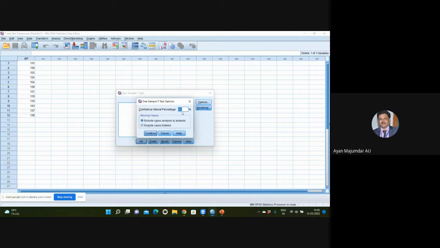Go to Options. By default, it is a 95% confidence interval. Our level of significance is 1%, so alpha is 0.01, meaning the confidence interval will be 99%. With 99% confidence, the null hypothesis will not be rejected; alternatively, there is a 1% chance that the null hypothesis will be rejected.